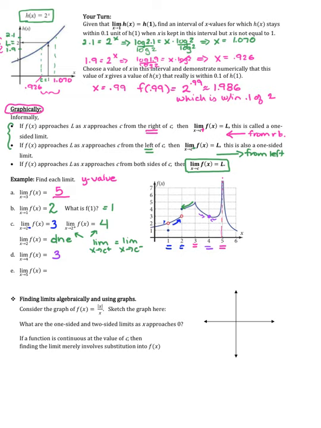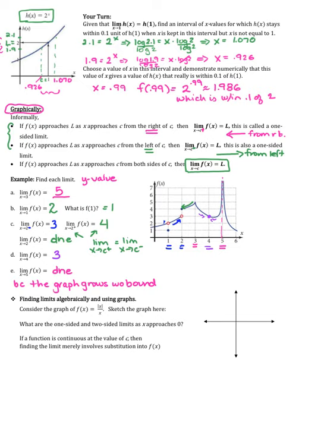Since there is no value, the easiest answer is to say the limit does not exist because the graph is growing without bound. It's not ever gonna stop. It keeps getting closer and closer, but it never actually gets there. The graph grows without bound. So the easiest thing to do is say it does not exist.